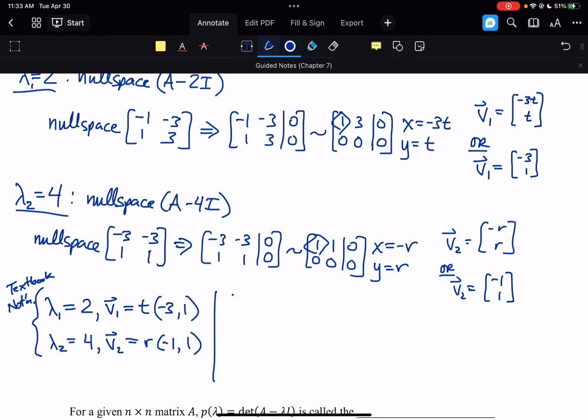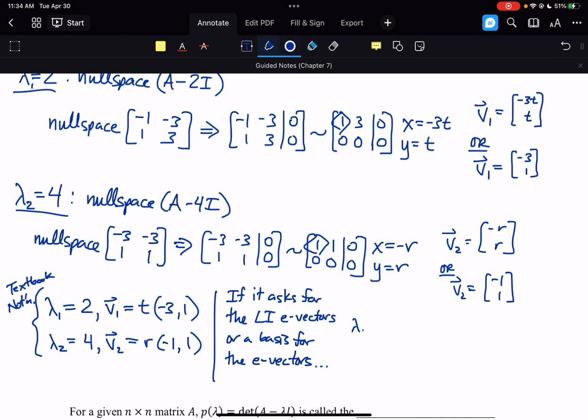Sometimes the questions will ask, so if it asks for the linearly independent eigenvectors or a basis for the eigenvectors, that would be a case where we could just write them as (-3, 1) and (-1, 1).